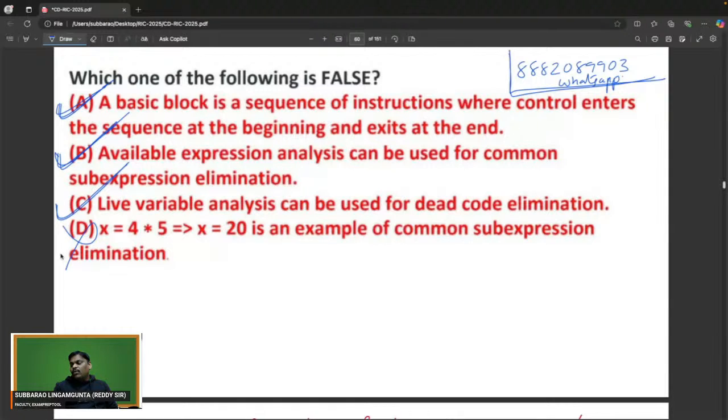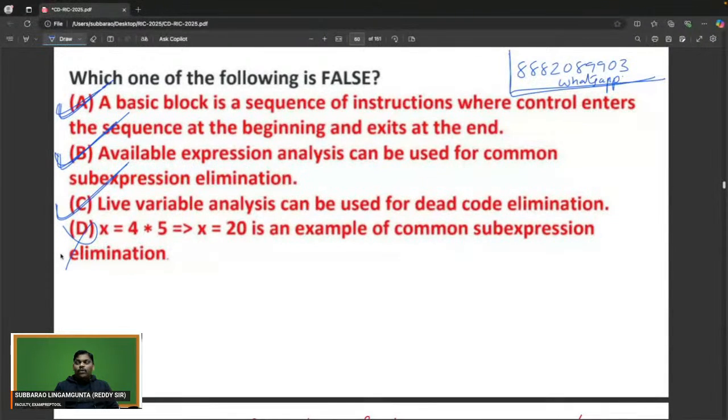Those which are live you take, the remaining you can neglect. X is equal to 4 into 5 becomes x is equal to 20. You replaced the constant expression by a constant. This is called constant folding.